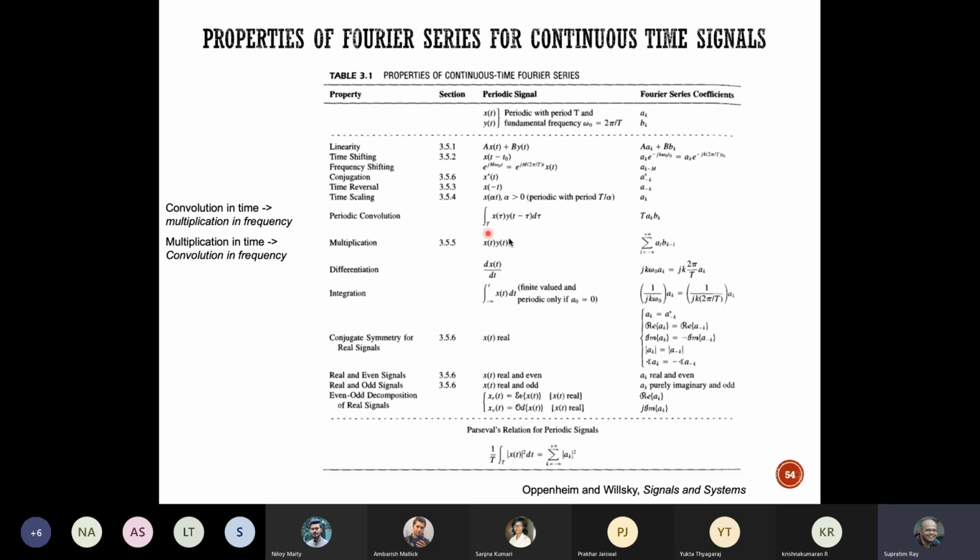Here also, if I convolve two signals in the time domain, it turns out in the frequency domain it's the same as taking the product of the coefficients. So Fourier analysis converts convolution to products and products to convolution. It's an exceedingly important property.